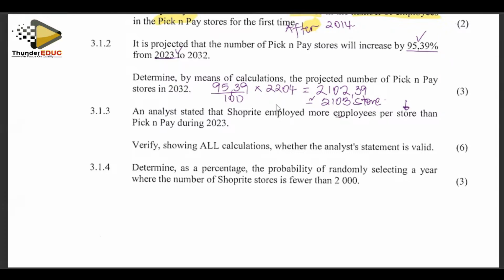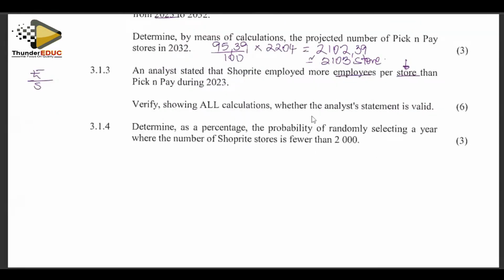So this one here, employees per store. This gives you the formula: you are going to get the number of employees divided by the number of stores in both, and we find out which one is which. Okay, we shall start with ShopRite, 2023.